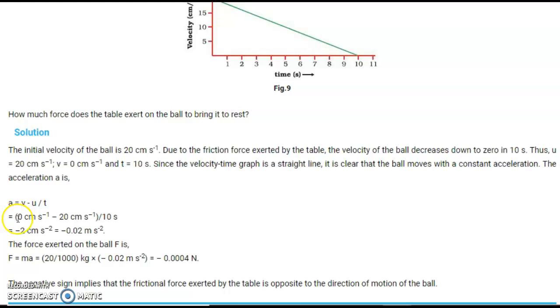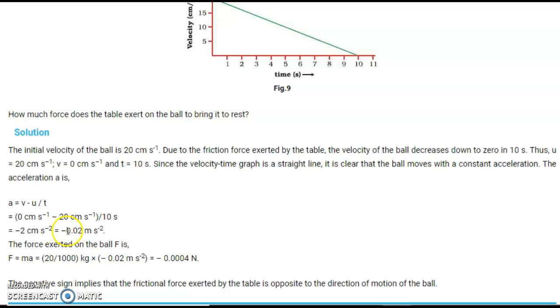So we have substituted the values: v is equal to 0, u is equal to 20 and time is 10 seconds. So you will get a equal to minus 2 centimeter per second square, which you have to change into meter per second square. So you'll get a equal to minus 0.02 meter per second square.